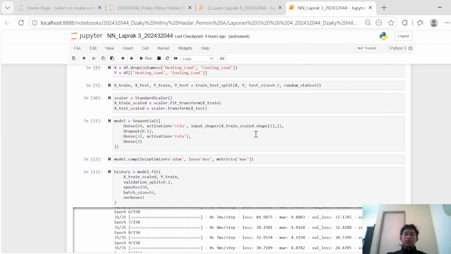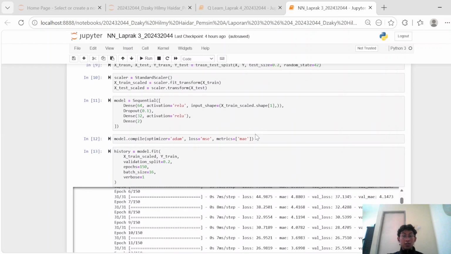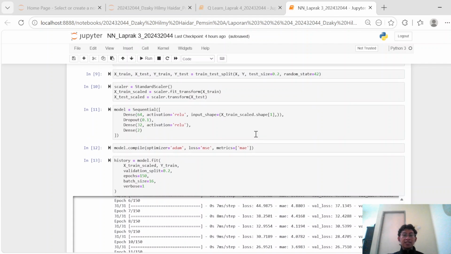ReLU introduces nonlinearity, allowing the network to learn complex non-linear boundaries. A dropout layer is positioned immediately after with a rate of 0.1. This means the network randomly deactivates 10% of its neurons during each training step. It is a highly effective regularization technique that prevents the model from over-memorizing the training data, thereby mitigating overfitting.